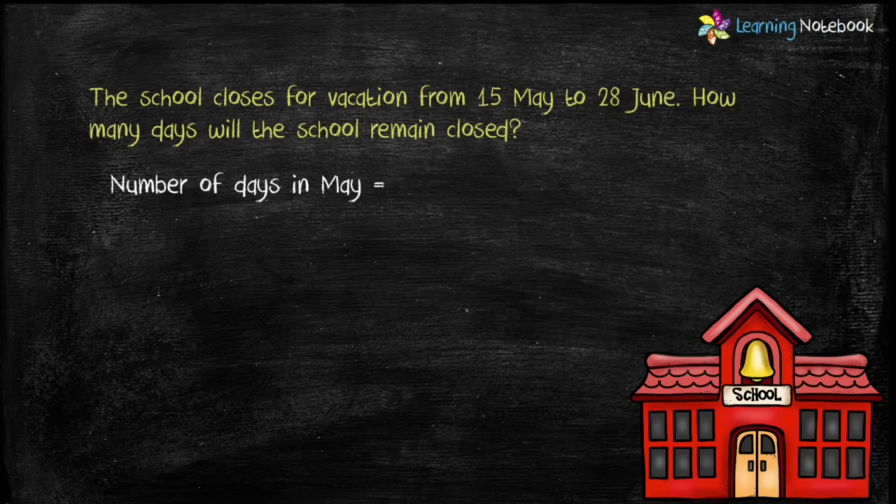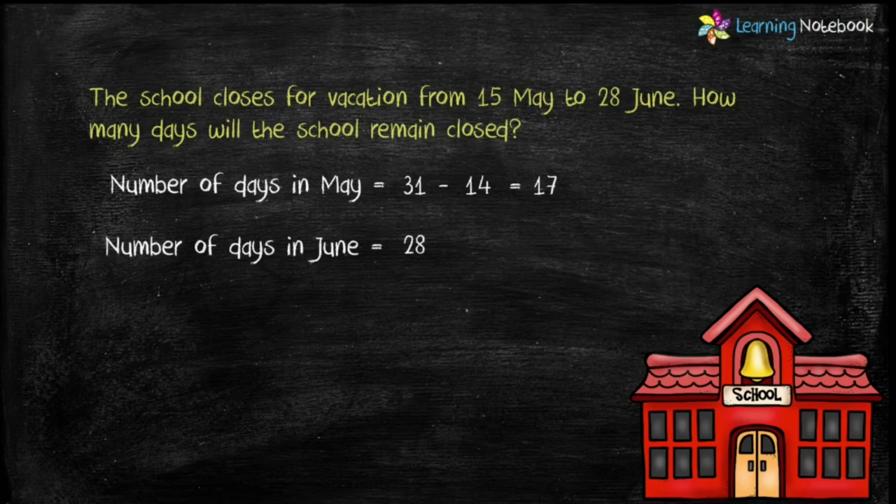The month of May has 31 days and we are given vacation starts from 15th May. So, 31 minus 15? No, because 15 is included in the vacations. So, subtract 14 and not 15 from 31. Therefore, we get 17 days in the month of May.